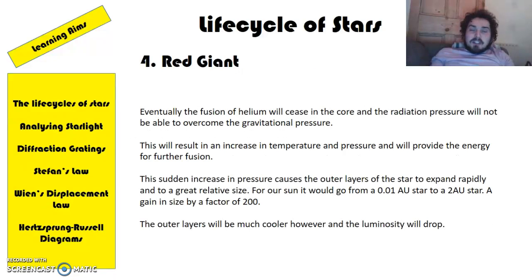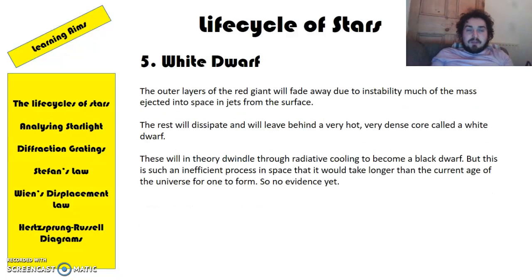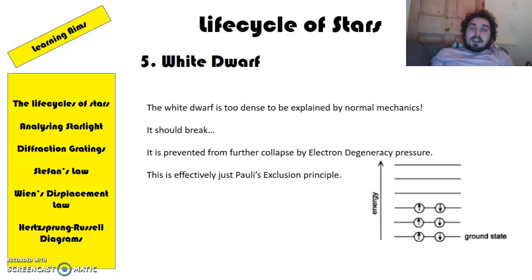You've got the red giant stars, which is when they eventually balloon out because they've stopped supplying the radiation pressure because the hydrogen runs out, kicks off helium, and then can't do any more, so then eventually fades away, leaving behind a white dwarf. It's just a hot, ridiculously dense ball. They're prevented from further collapse by the electron degeneracy pressure.